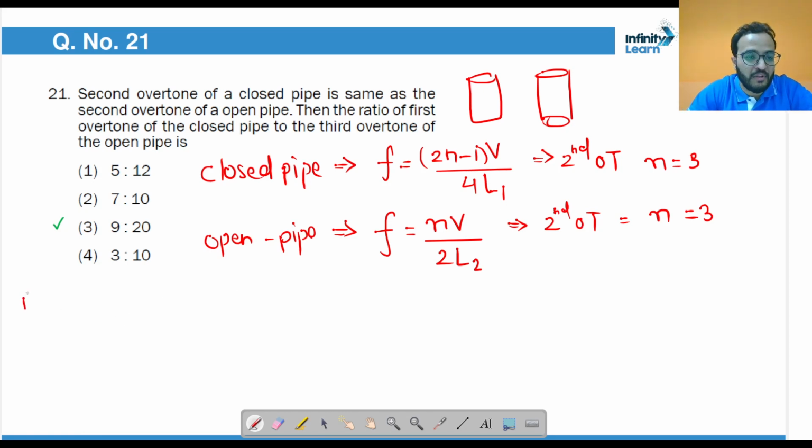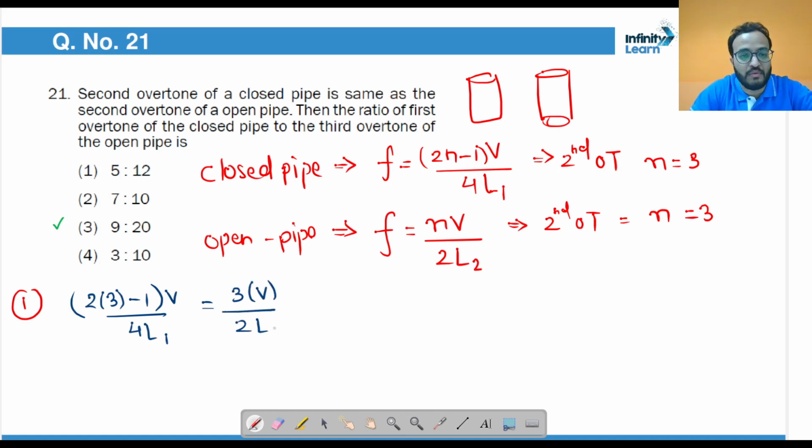So if we talk about the first case, when the second overtone of the closed and the open organ pipes are same, so you will say 2 into 3 minus 1 V by 4L1 must be equal to 3 into V upon 2L2. The lengths must be different, right? So 2 3s are 6 minus 1 is 5. 2 1s are 2, 2 2s are 4. So L1 by L2 is coming out to be 5 by 6.